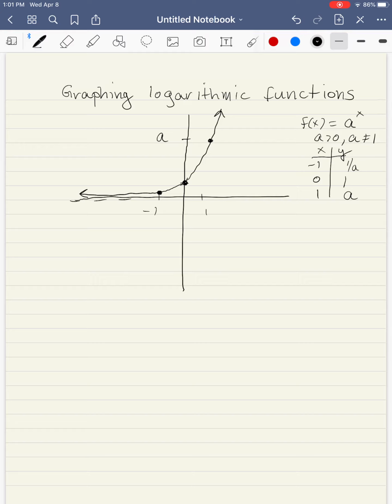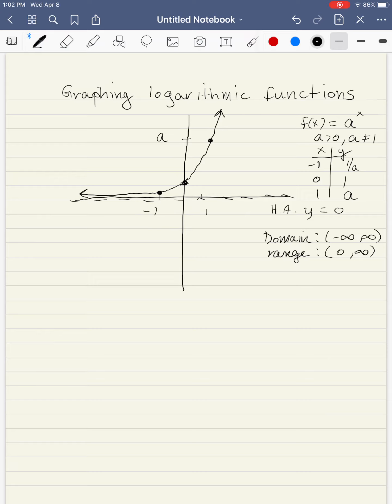Like that. And we know that we have a horizontal asymptote at y equals 0, and that our domain is -infinity to infinity, and our range is 0 to infinity, not including 0. So you can review that in the lesson on graphing exponential functions.